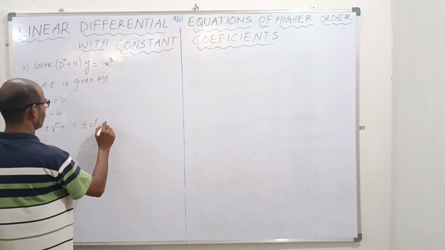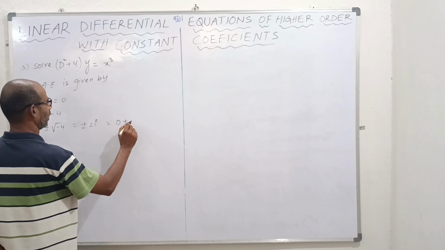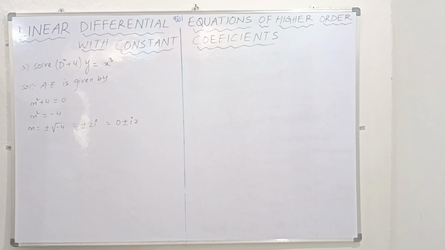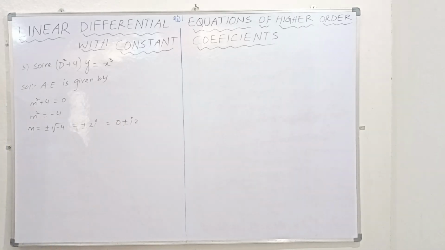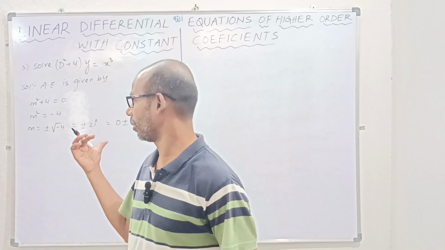That can be written as 0 plus or minus 2i. Here the real part is 0 and the imaginary part is 2. In the previous two problems, we got the roots as real and different. Here we have imaginary roots.